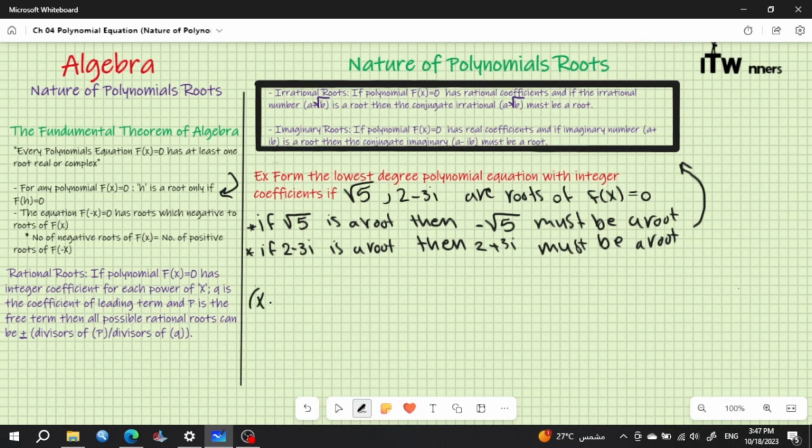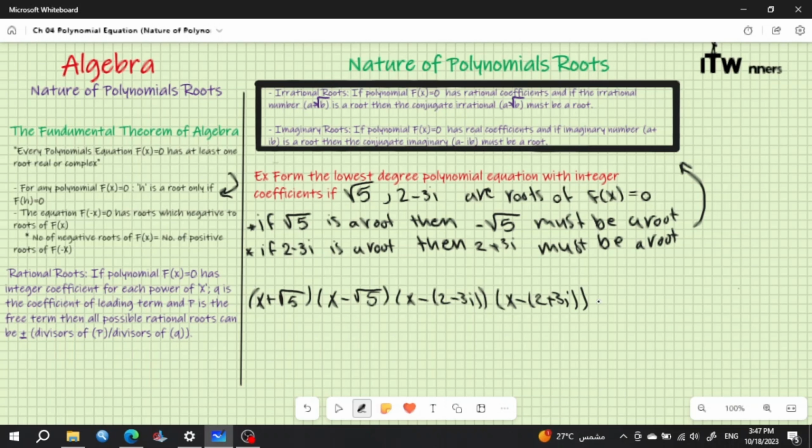Here we have x plus square root of 5 into x minus square root of 5 into x minus 2 minus 3i into x minus 2 plus 3i equal to 0.